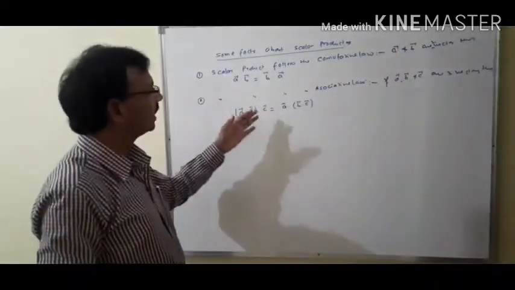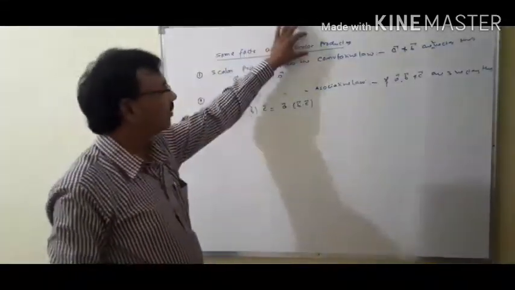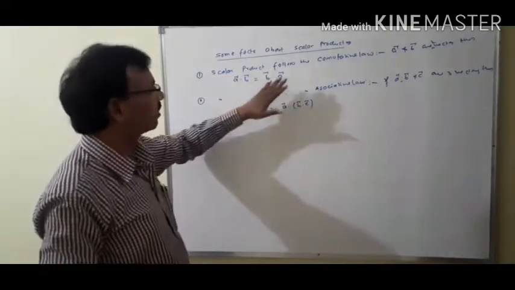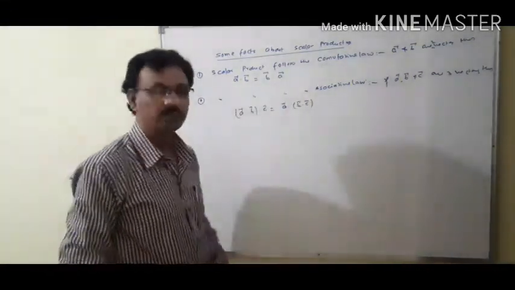Then we can say that scalar product of two vectors follow the commutative law and associative law.